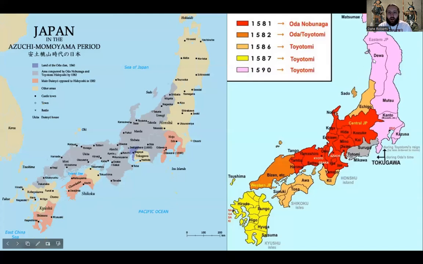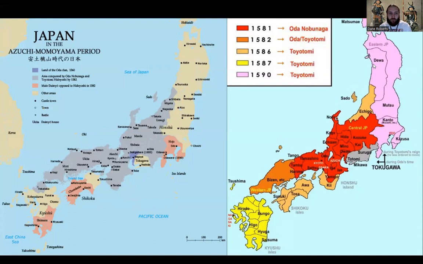And during his reign, Toyotomi Hideyoshi would actually complete the conquests started by Oda Nobunaga that you see here, and would, over the course of his career from 1585 CE until 1590 CE, conquer and reunify all of Japan.